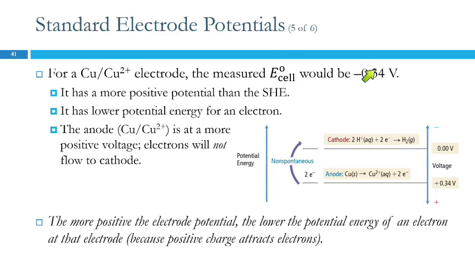And our negative cell potential, negative 0.34 volts, equals 0 volts minus the potential of the anode. So then the potential of the anode is plus 0.34 volts.